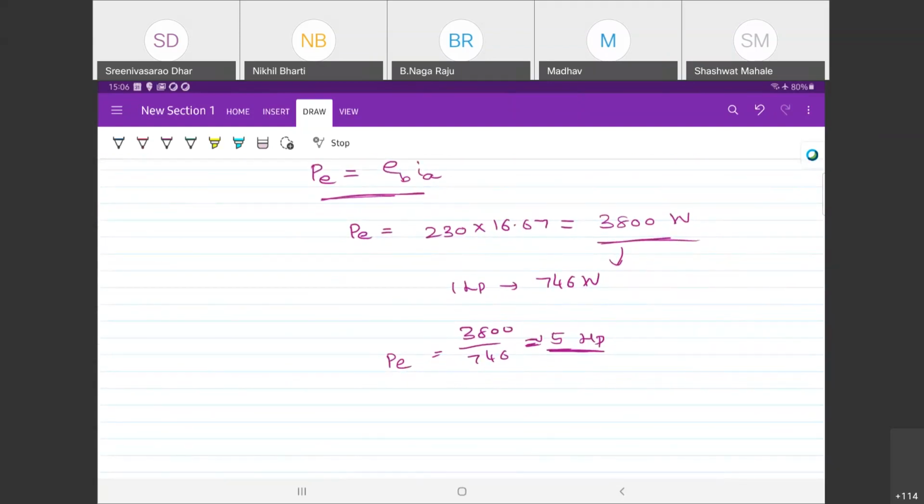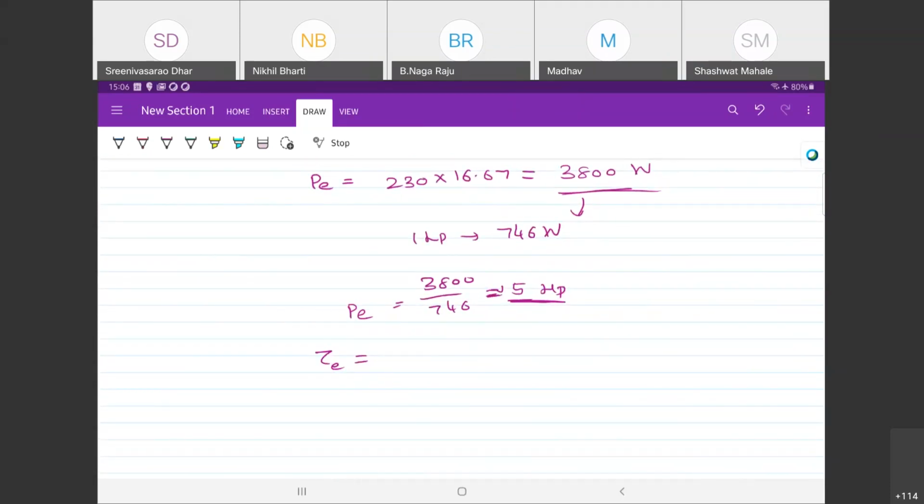So this is EB into IA, right? From this, we need to find out the electromagnetic torque. If you know the power and angular speed, what is the formula to calculate the electromagnetic torque? Power upon speed. So electromagnetic torque is PE by angular speed omega m. PE is roughly 3800, divided by the angular speed 127.76.